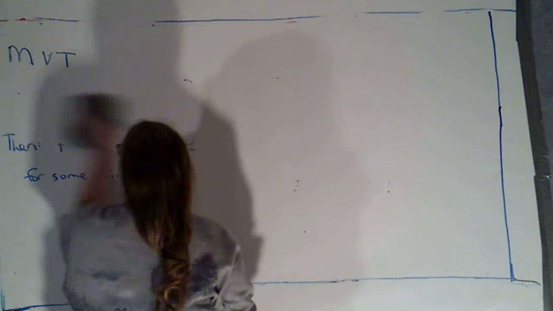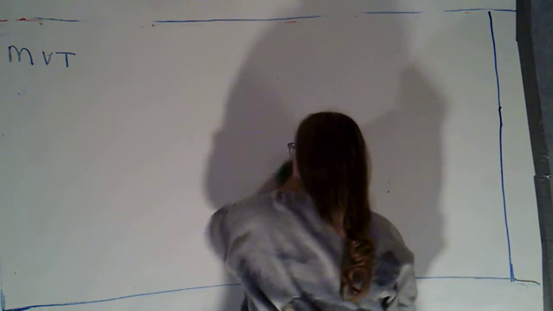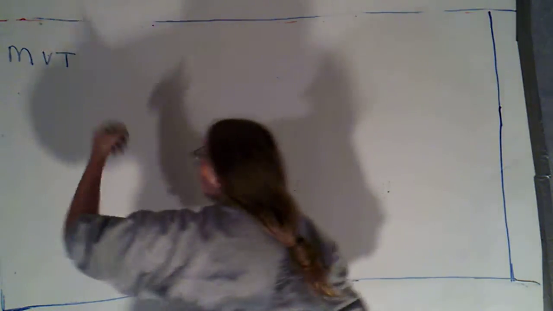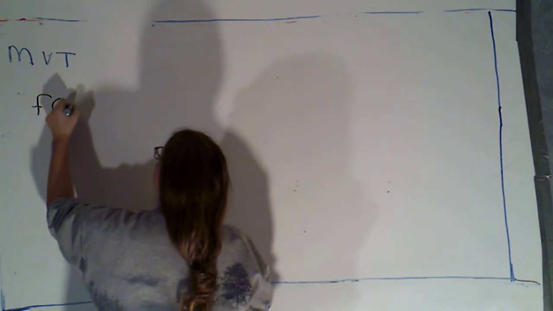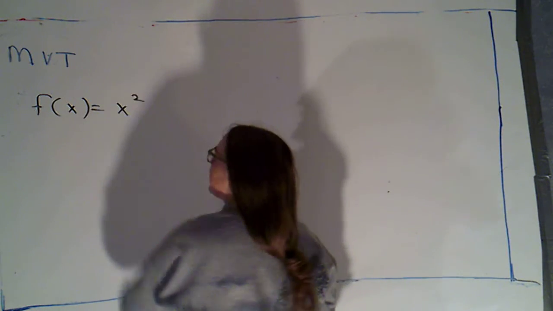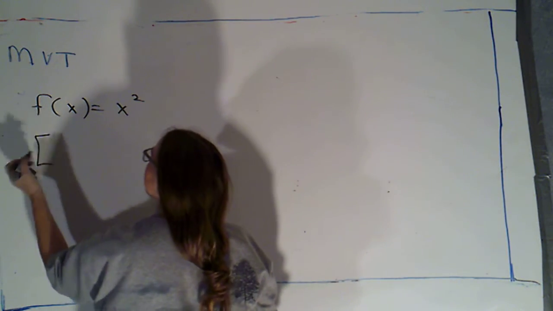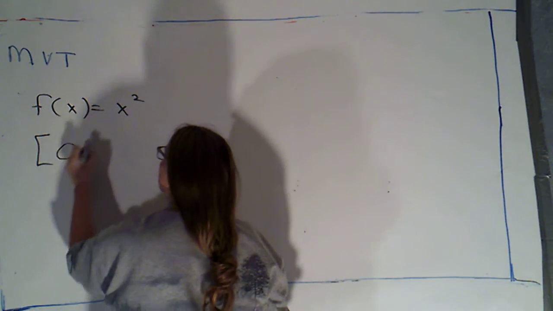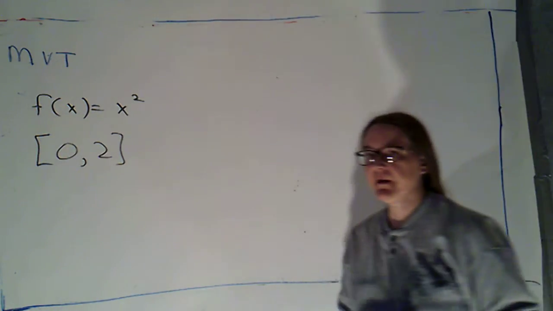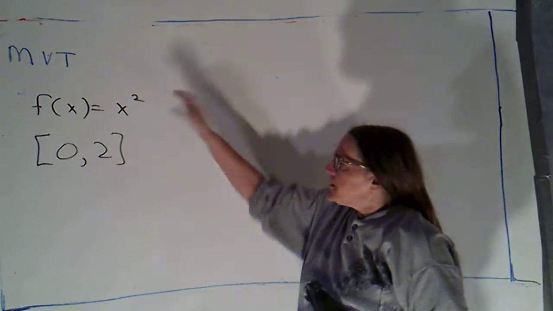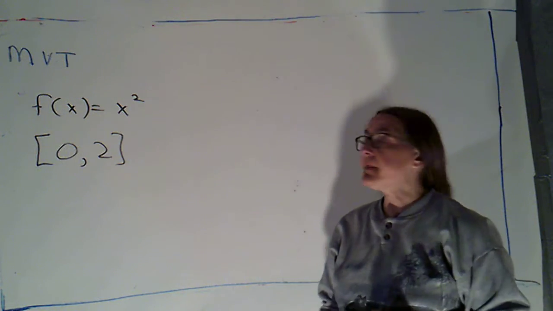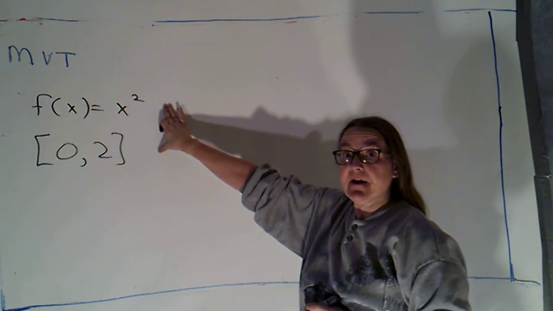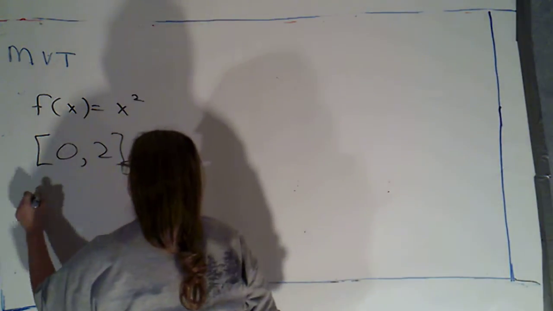They're going to give you a function that's continuous and differentiable. So let's say we've got f of x equals x squared. Let's say we're working on the interval from 0 to 2, okay? And the homework will just say, state that this satisfies the hypotheses of the mean value theorem.